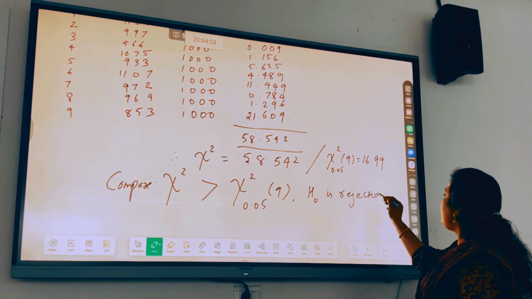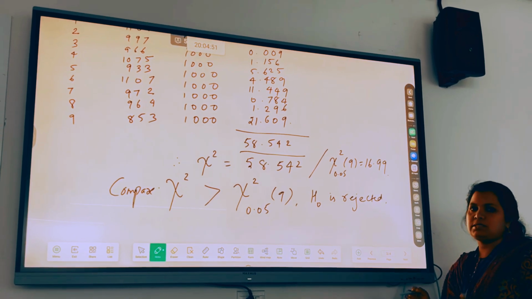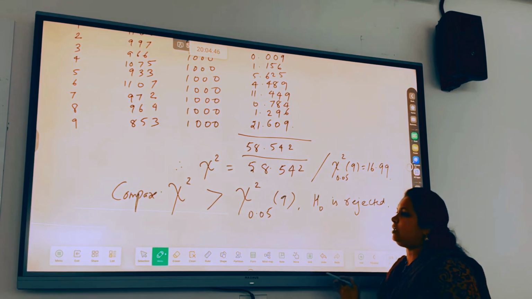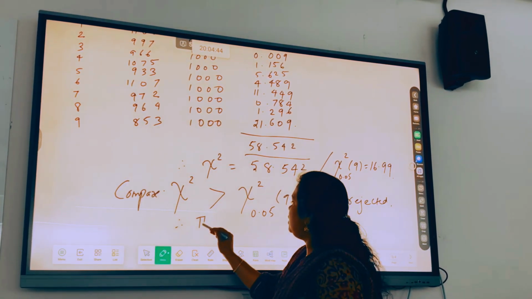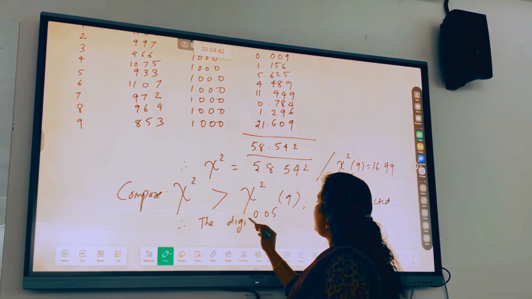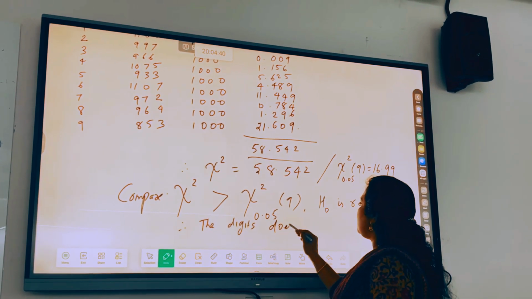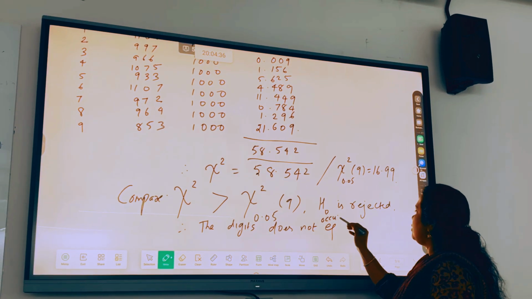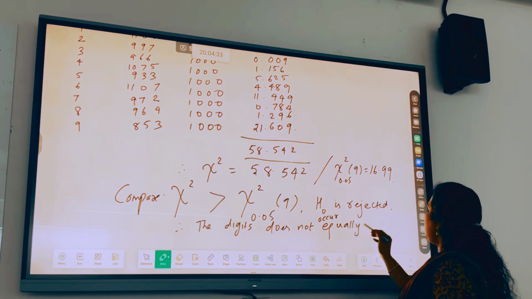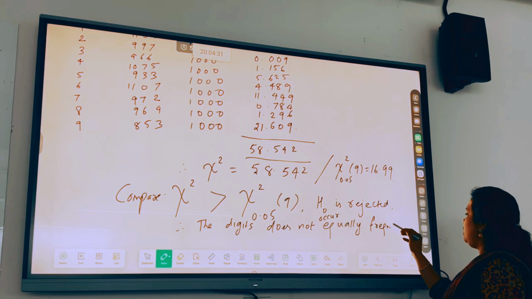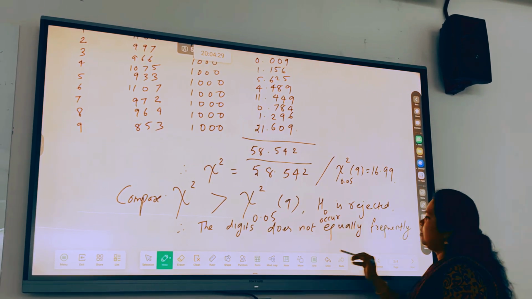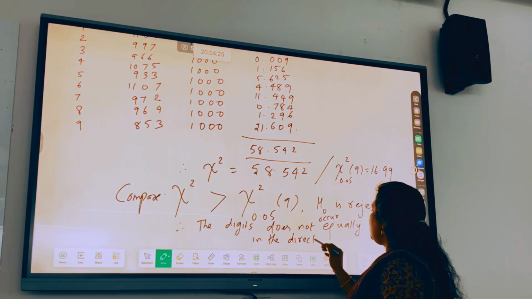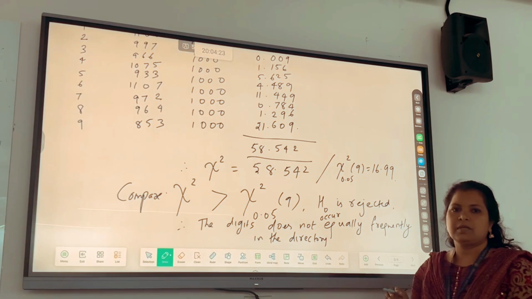We had assumed that digits occur equally frequently, but we got a greater value. So the conclusion is that the digits do not occur equally frequently in the directory. So this is the solution for the problem.